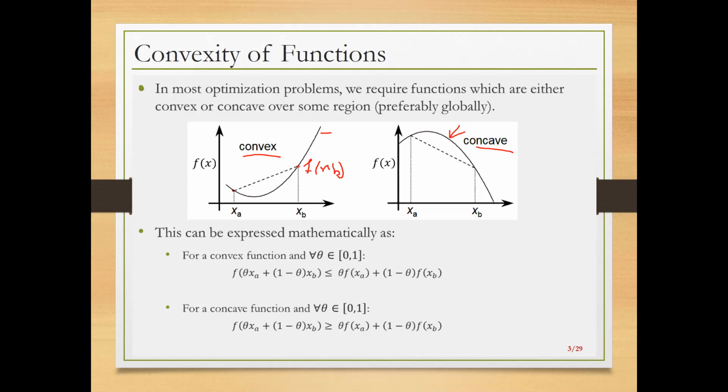A convex function is a function where, given any 2 points xa and xb, there exists some theta value. So every point on this curve between these 2 points, xa and xb, the functional value of every point on this red line that I have highlighted should be less than or equal to the functional value of the corresponding point on this dashed line.